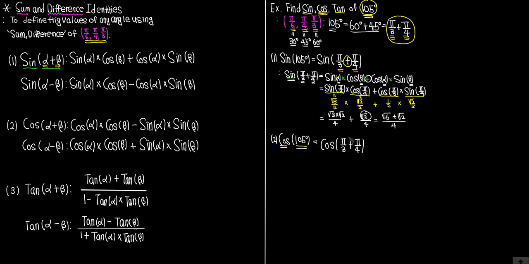We have the cosine of a term made of two special angles being added together. That means we can apply the cosine sum identity, which is the cosine of alpha plus beta, where alpha and beta are both special angles.